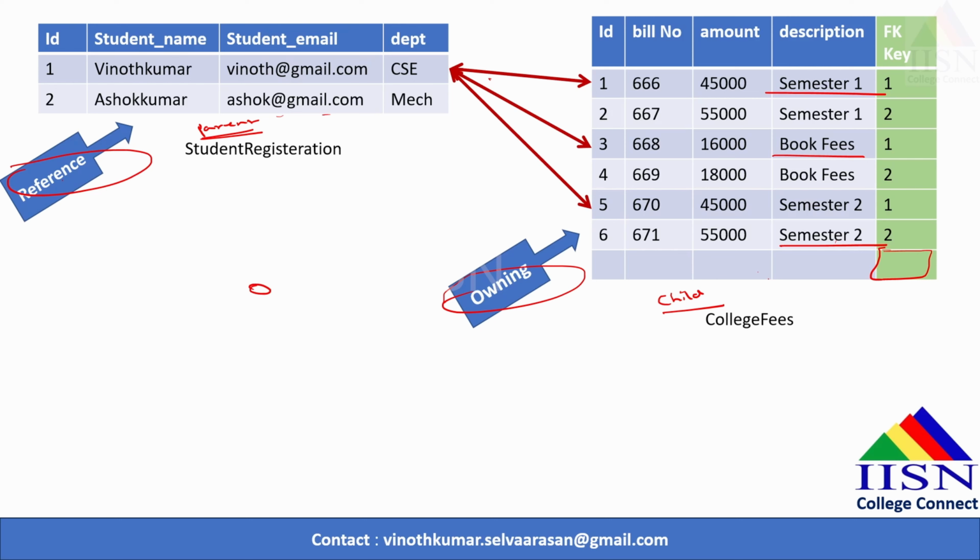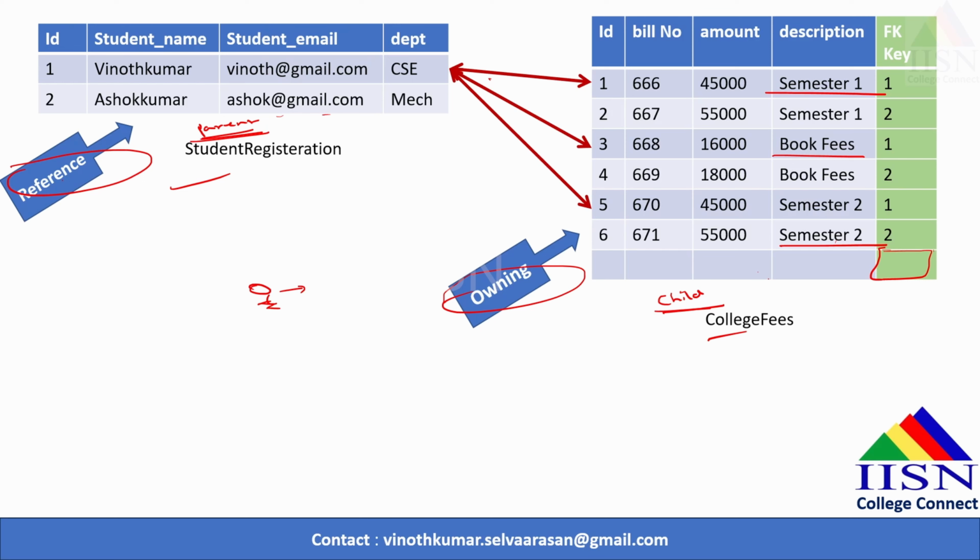Likewise, in a college, if you join, first you do the registration, and only then you pay the college fees, right? While paying the college fees, they will ask you for the registration number. First you need to do the registration, then only can you pay the fees. So this is the child class and this one is the parent class.